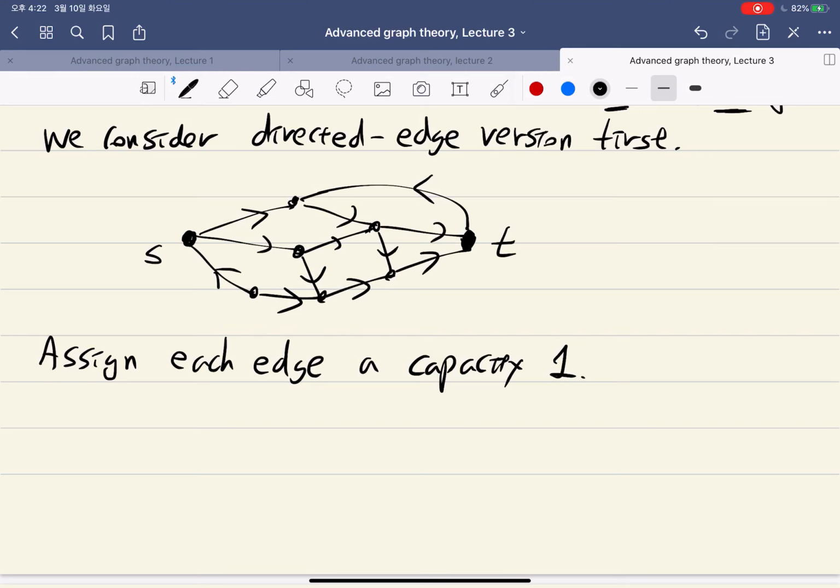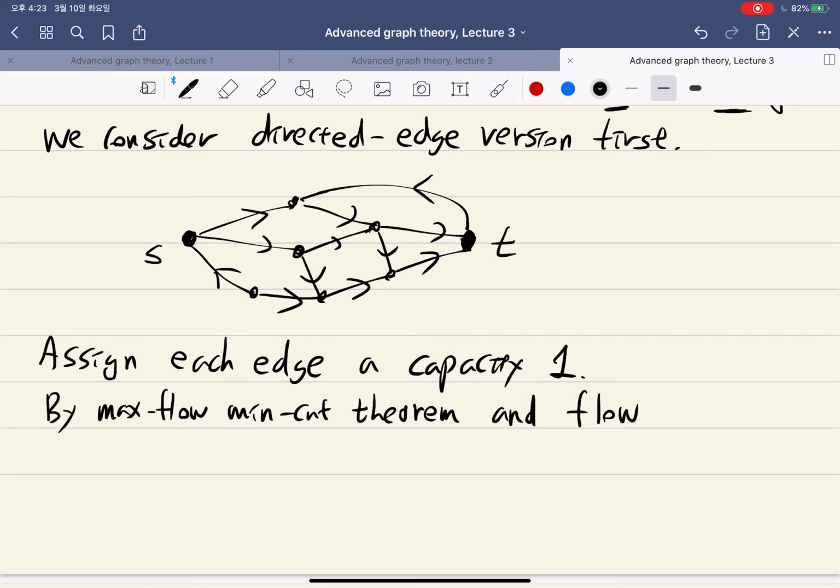Then what happens? By applying the max-flow Menger theorem, and we use the flow integrality theorem. What was the name that we assigned to the theorem? Give me a moment.